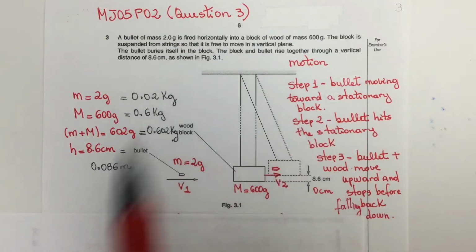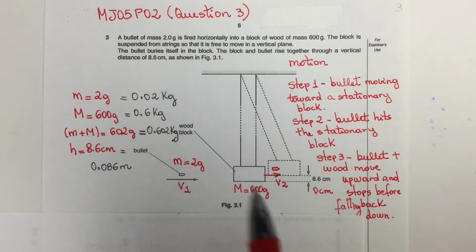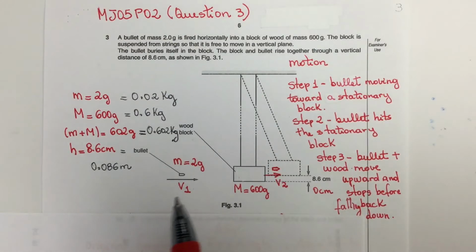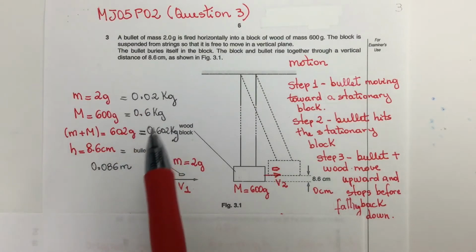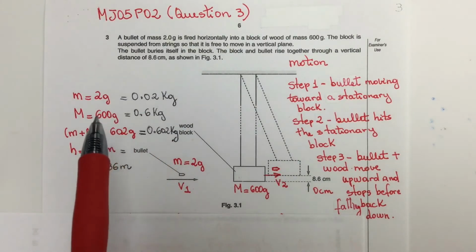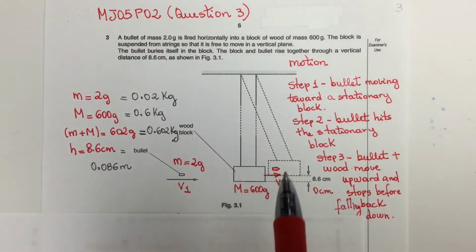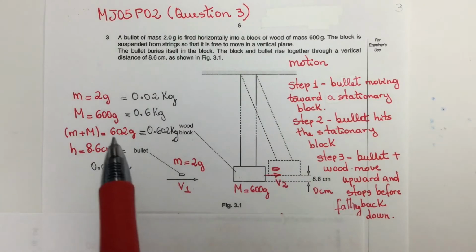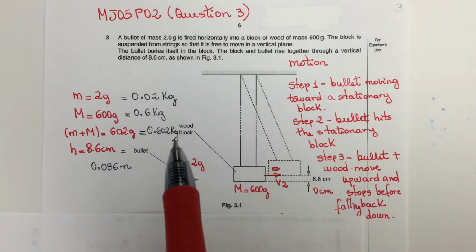So now let's label all the parts and identify the variables that we need to use in our sequence. The mass of the bullet is 2 grams, in kilograms 0.002 kilos. We do the same with the mass of the block, let's call it uppercase M. In this case, because the bullet is inserted in the block, the combined mass is 602 grams or 0.602 kilograms.